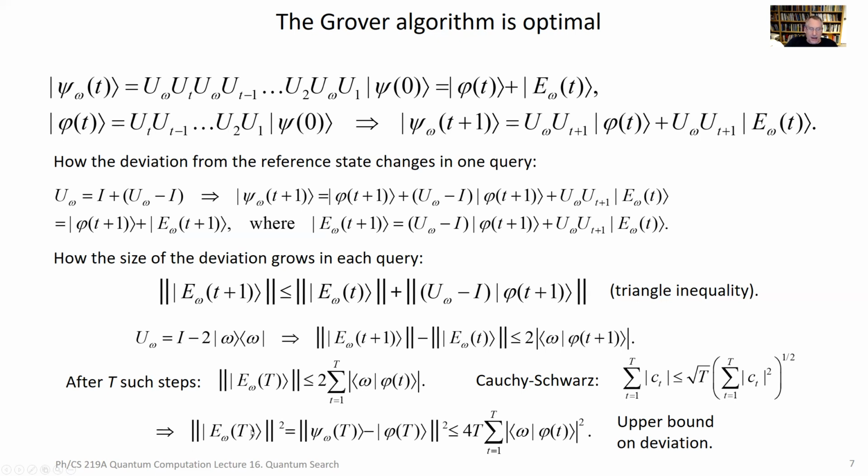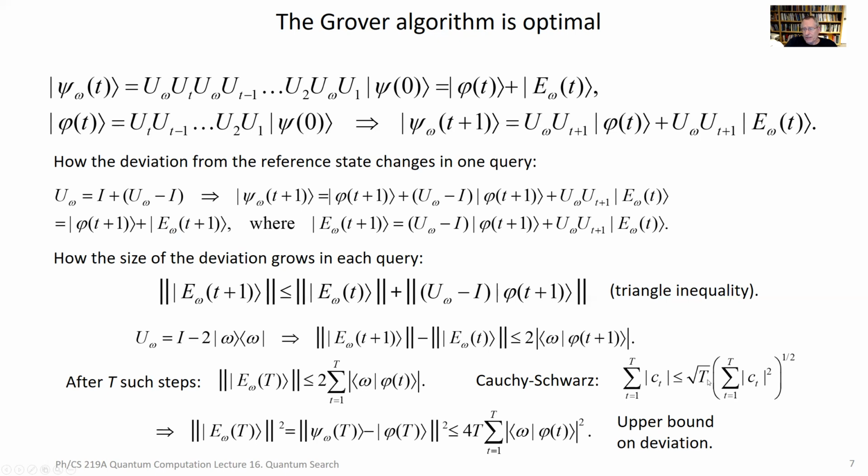So what it tells me is the norm squared of this deviation. And just to remind you what it is, that means the norm squared of the difference between the reference state after capital T steps and the state that we get when we include the query, psi sub omega of capital T. We had that it could be bounded by the sum. And now I've squared it here. So what I can do is square the right-hand side of the Cauchy-Schwarz inequality here. I had this factor of 2 that gets squared to become 4.